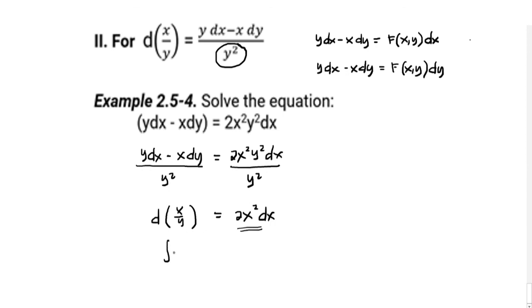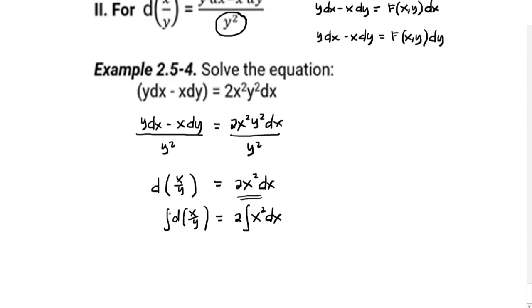So that is the integral of the differential of x over y is equal to 2, the constant, and the integral of x squared dx. Then, integral and derivative cancel. We have here x over y is equal to 2 times, using the power formula, x cubed over 3 plus the constant.